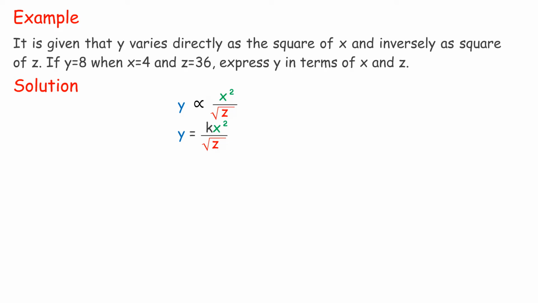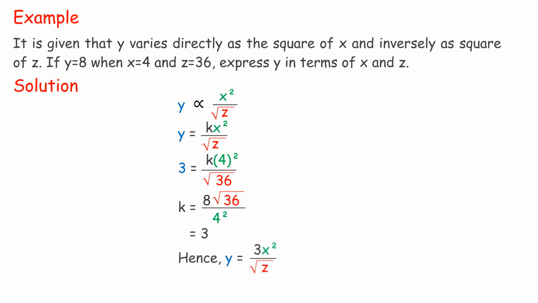To find out the value of k, substitute x, y, z into the equation. 8 equals k times 4 squared, divide by square root of 36. k equals 8 times square root of 36, divide by 4 squared, equals 3. Hence, y equals 3 times x squared, divide by square root of z.